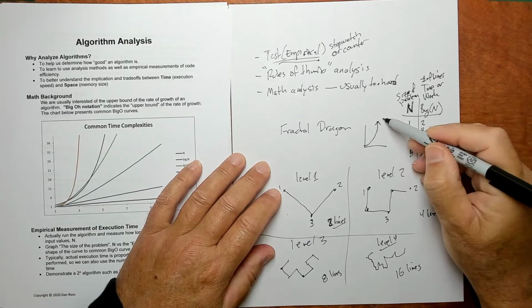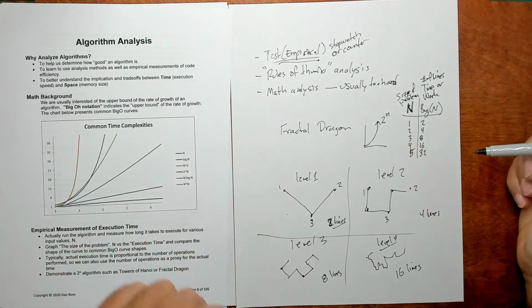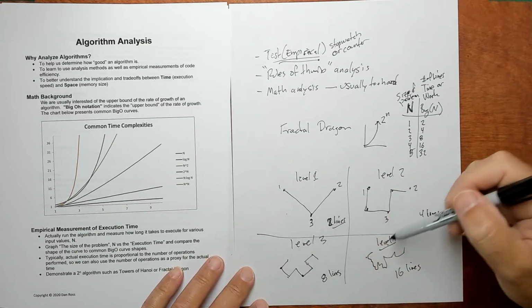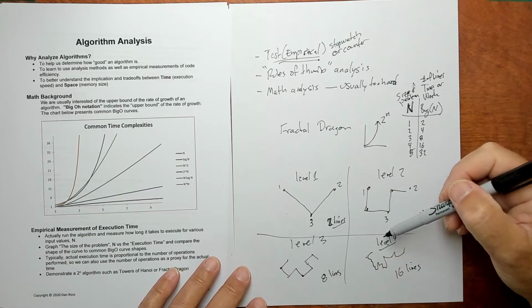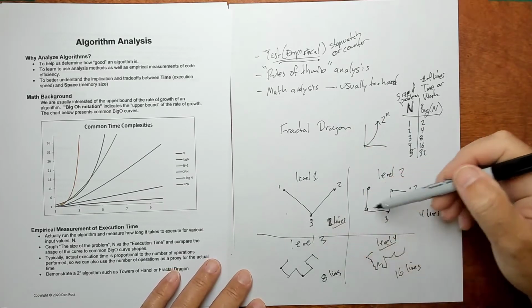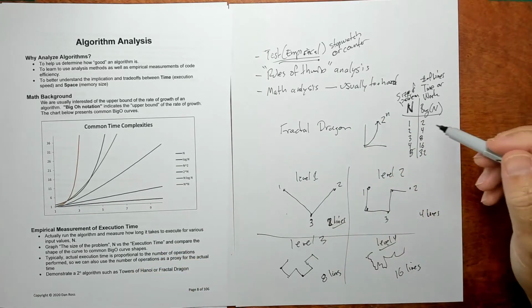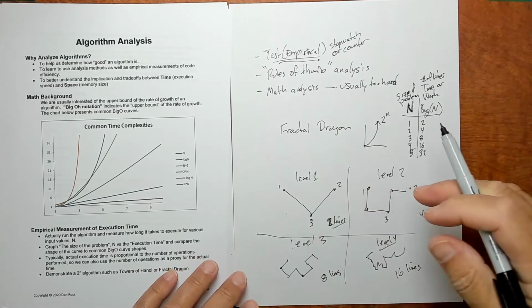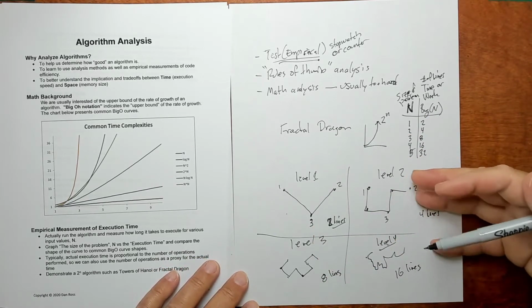It's going to be 2 to the n. So this was a certain kind of big O analysis. It wasn't rules of thumb. It was kind of a graphical, thinking it through kind of analysis. Sometimes you can do that, but we're not going to do that all the time.